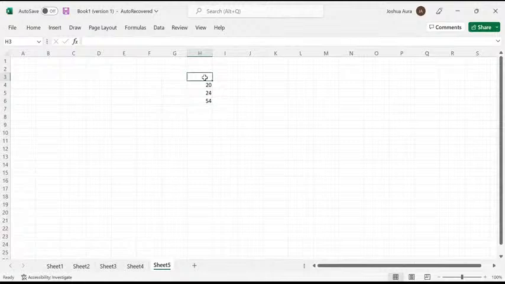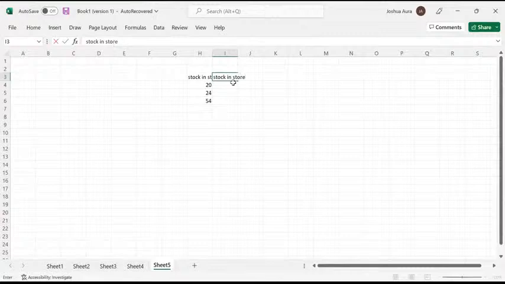This could be, for example, our stocks in store 1. Then we have stocks in store Z, doesn't matter really, right?